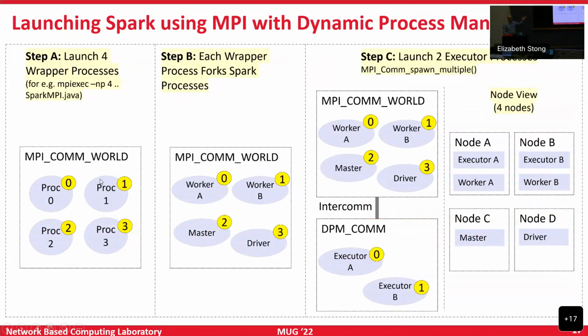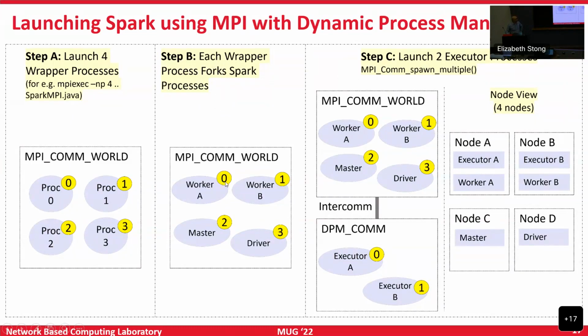In this particular case, we utilize DPM, right? So for example, let's focus on step A, then step B, and step C. I'll start from step A first. We launch 4 wrapper processes, all of which belong to this default communicator, started by MPI process 0, 1, 2, and 3. Each wrapper process then forks Spark processes.